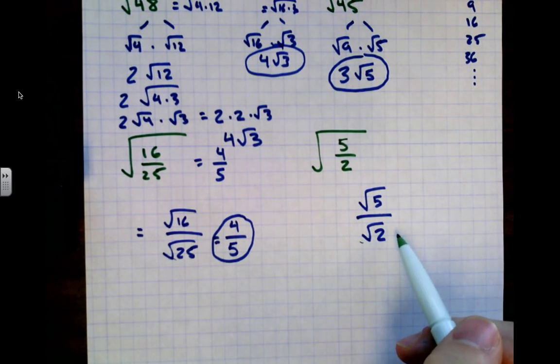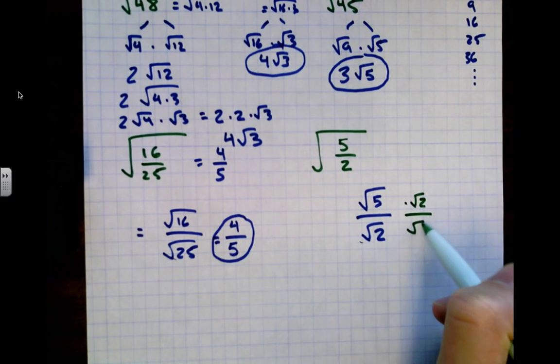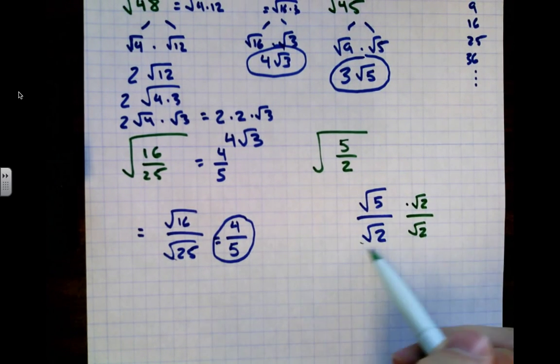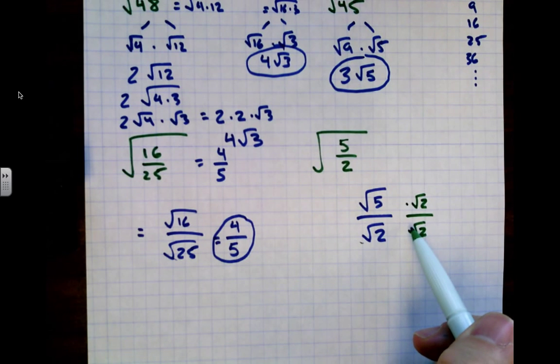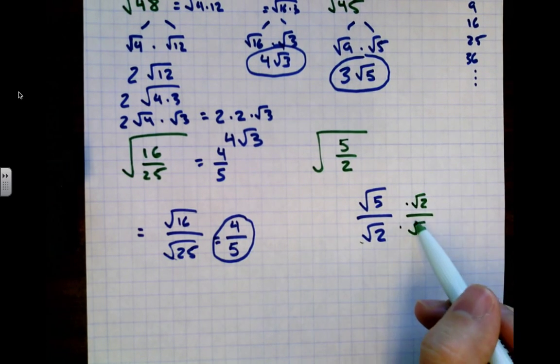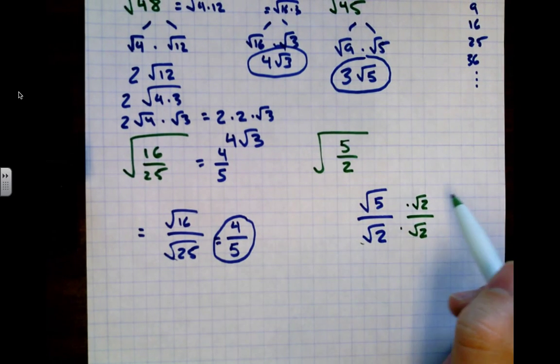I want to get rid of that. What we did in class to do that is multiply by the square root of 2 over the square root of 2. Whatever we have in the denominator underneath the radical sign, we multiply both the top and the bottom by that, because that's going to get rid of the square root sign.